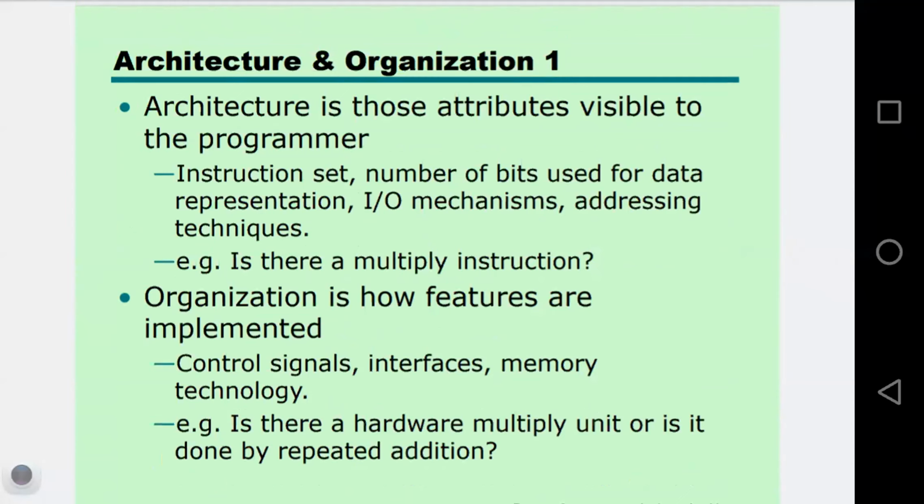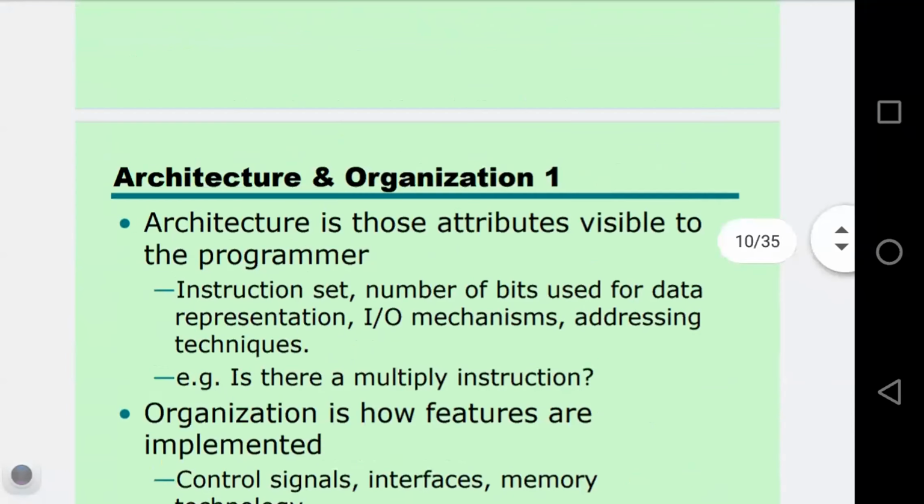Architecture means those attributes which are visible to the programmer, like instruction set and number of bits used for data representation. That comes under the architecture. And organization means how actually the instruction set is implemented, meaning control signals used, interfaces between the different components, and memory technology. It comes under the organization.